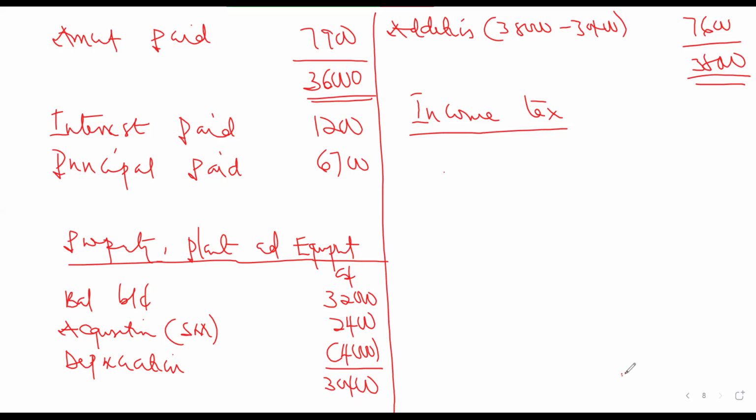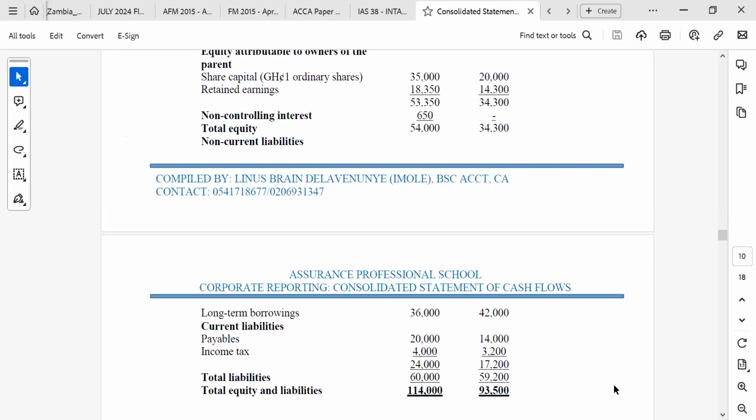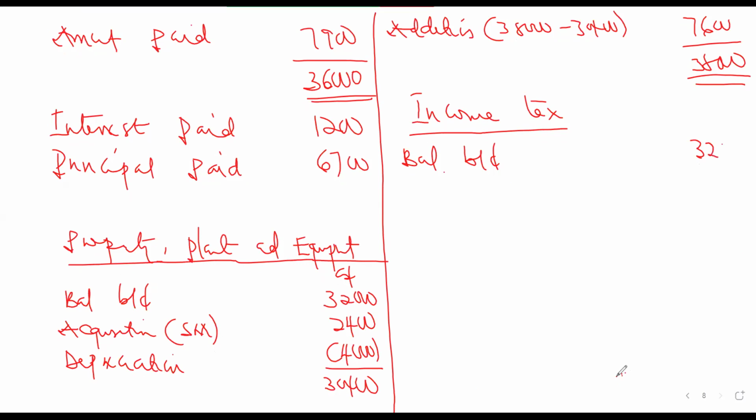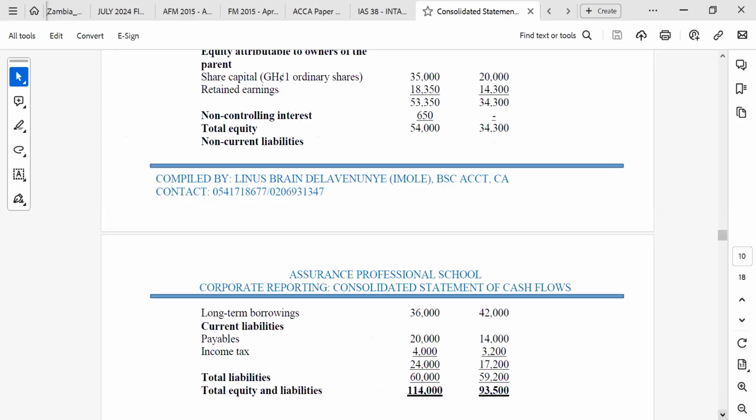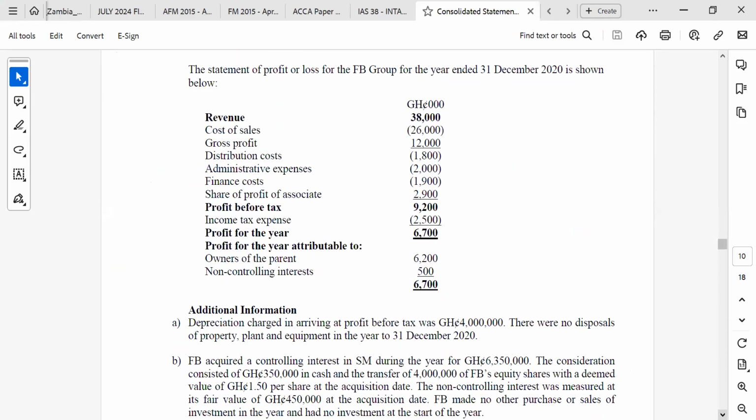So currently, how much are we owing the tax authority? What will be the opening balance at the start of this year, income tax? That will be 3,200. How much are we saying that we are owing them for this year? We go to our statement of profit or loss.